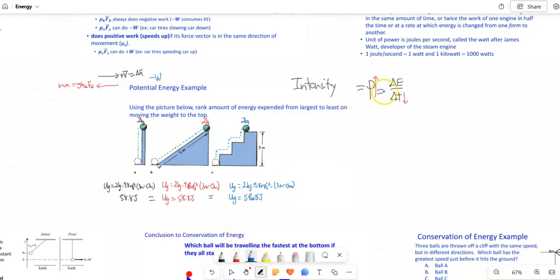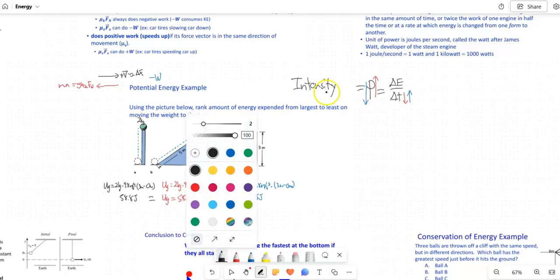However, if you take a long time to do something, power is going to drop. And you're doing the same thing. You're lifting an object 3 meters high, but depending on how quick you do it, that will be your power output.